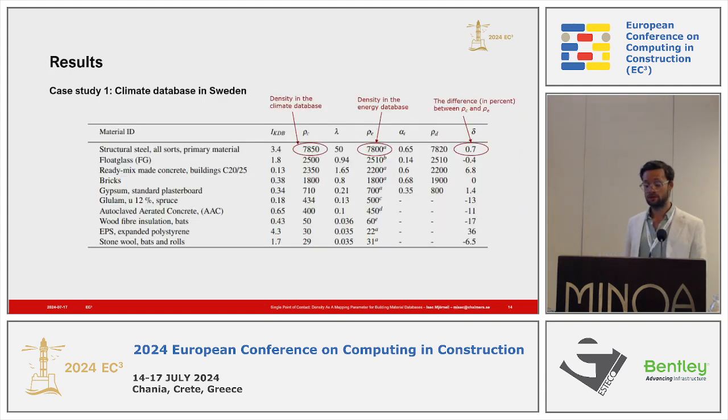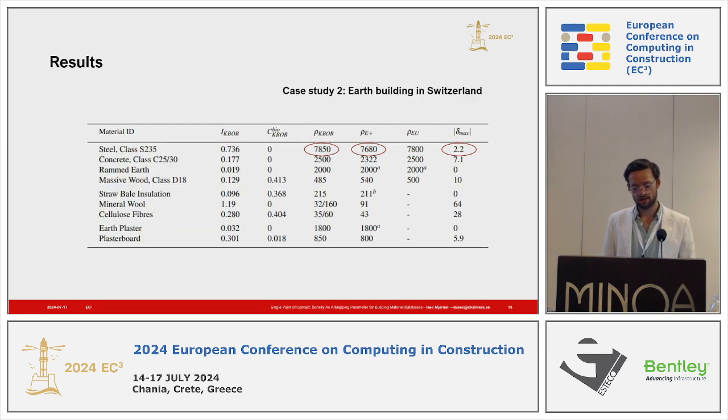And so here we can see how we are mapping it once again. So we are basically just dividing the densities of them, and we have tried to take different types of materials for this, but we would like to make a bigger study with this. So this is for the second database, and we do the same thing here, and we see that, for example, the rammed earth material and straw bale insulation were actually custom made for this study.